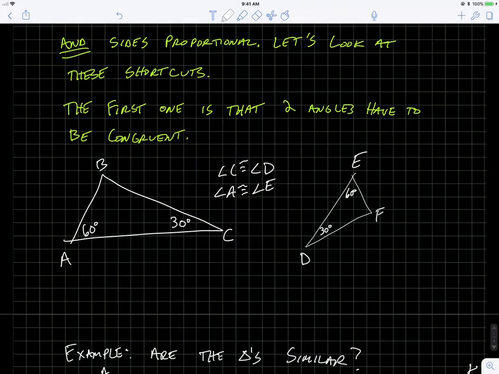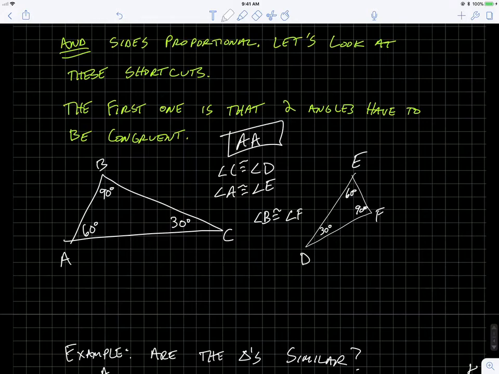So I know angle B must be congruent to angle F because of triangle sum and the third angle property, right? If two angles in a triangle are the same, I know this one has to be 90 by triangle sum. This one also has to be 90. So when you show angle, you're really showing all three angles are congruent. It's just that we don't need to show the third one. It's obvious through triangle sum on each triangle.